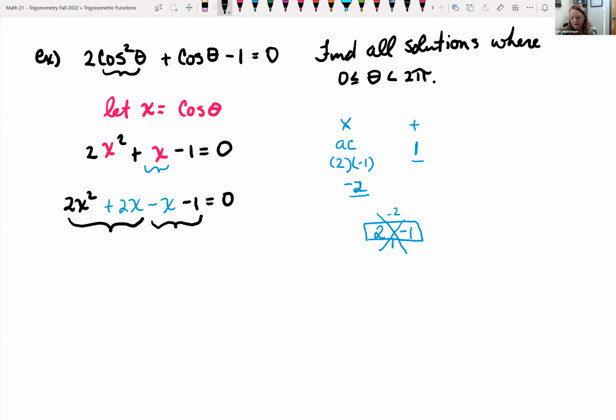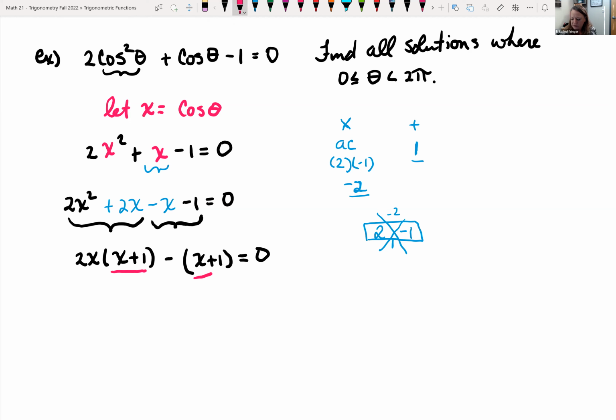So what can we pull out of 2x squared and 2x? We can factor out a 2x from both of those terms, and that would give us an x plus 1. And we want to factor something out of negative x minus 1. That would give us the same thing in our parentheses here. So we could factor out a negative 1, and if we pull out a negative 1 from those last two terms, we get x plus 1.